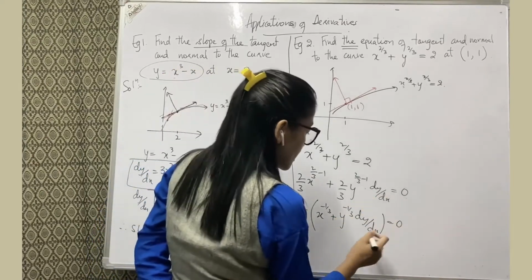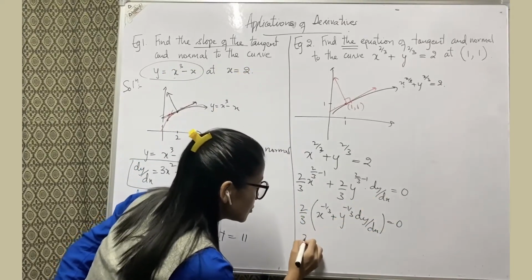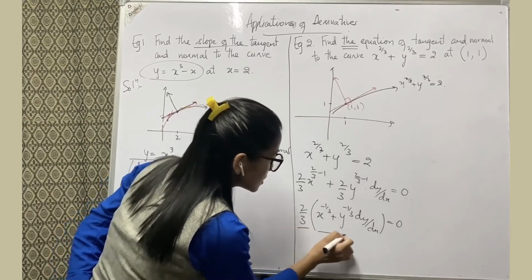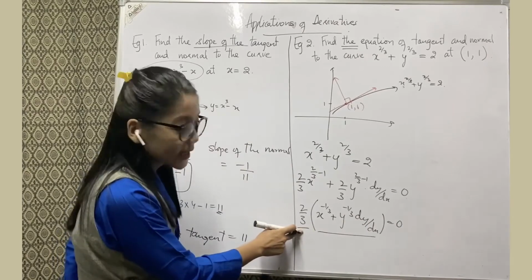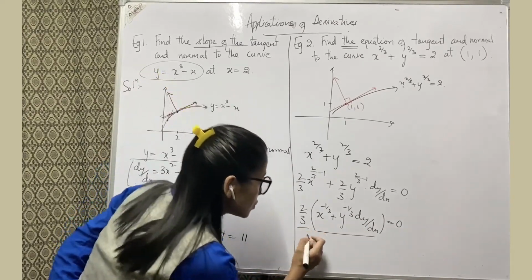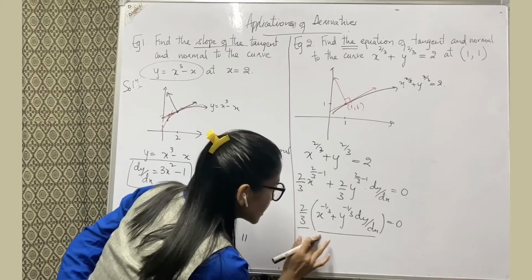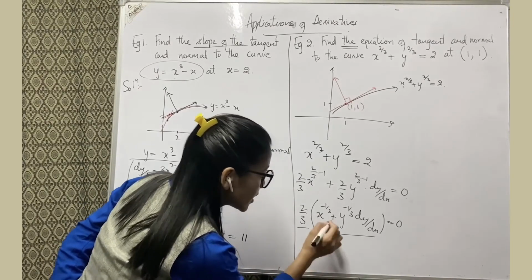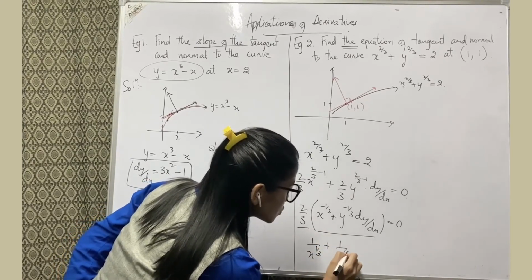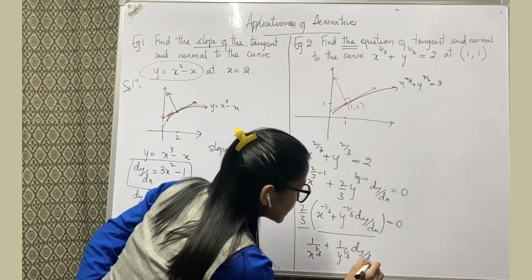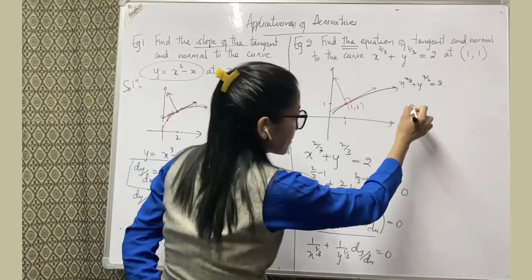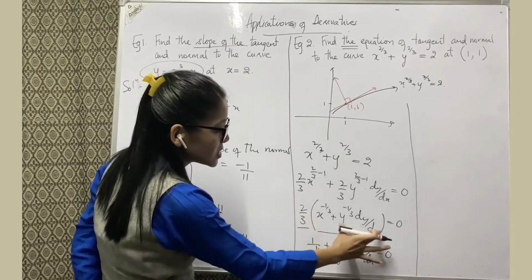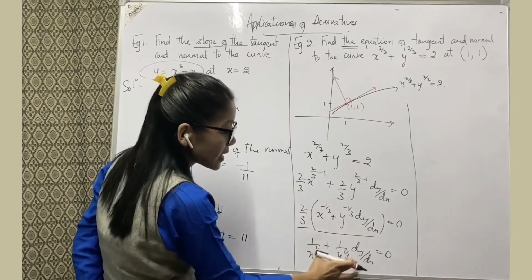Now when I say that this into this is equal to 0, then this is a non-zero term, so this has to be 0. So I have x raised to negative 1 by 3, which is the same as 1 upon x raised to 1 by 3, plus 1 upon y raised to 1 by 3 dy by dx is equal to 0. This cannot be 0, so this has to be 0.